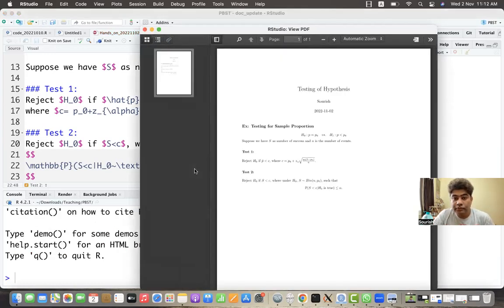So these are the two tests, and we are going to check the behavior of their statistical power.